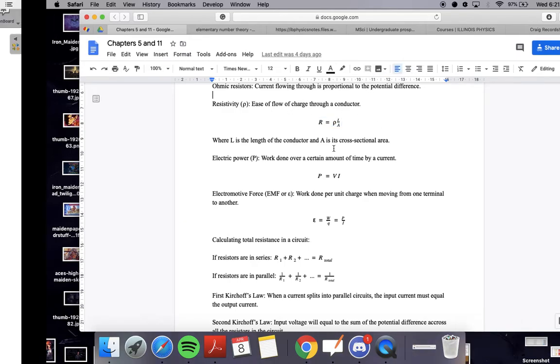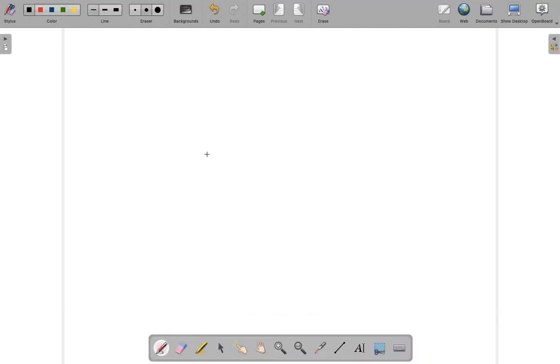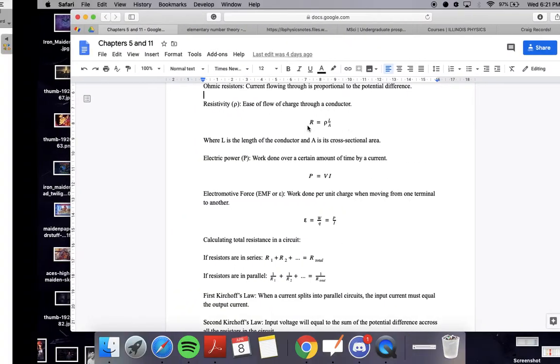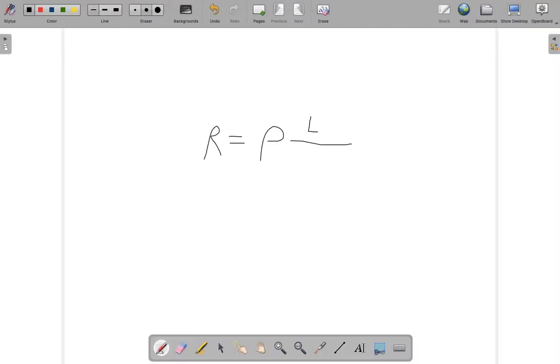The resistance of a material can be calculated by R, resistance, equals resistivity rho, that's rho, not a p, times the length over the cross-sectional area.